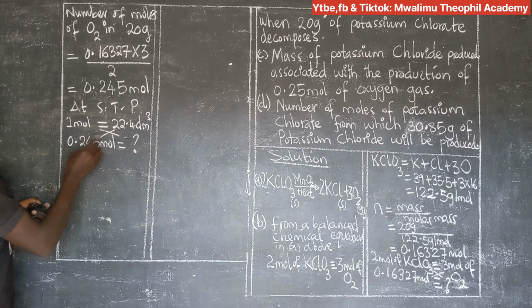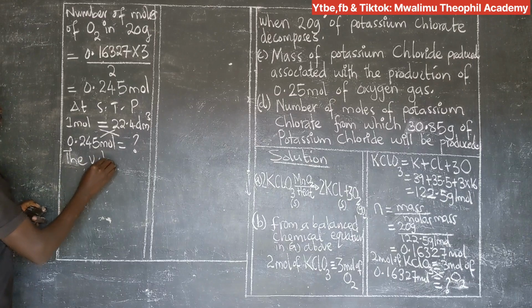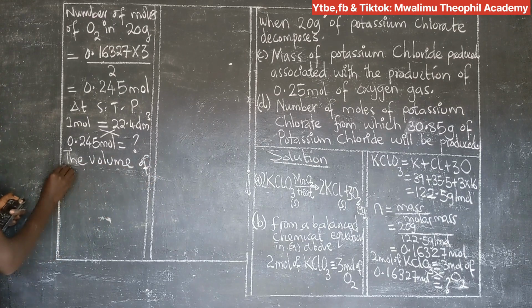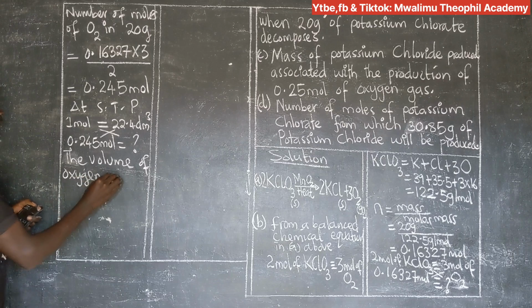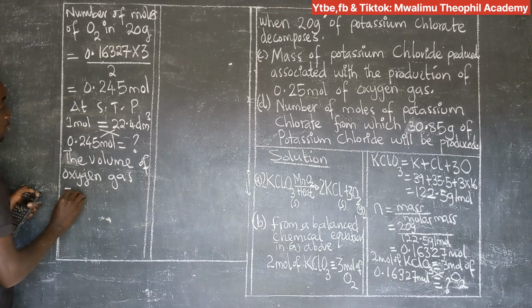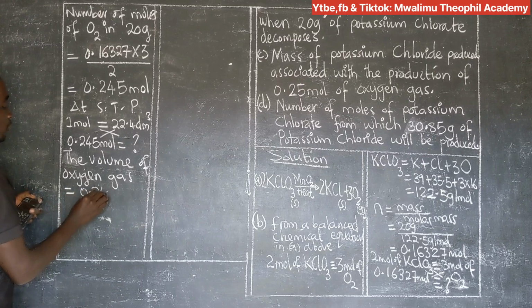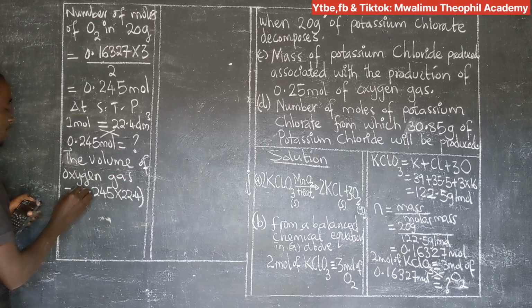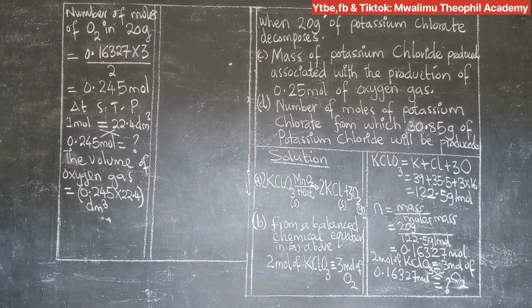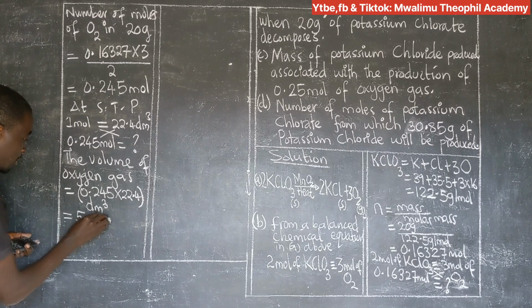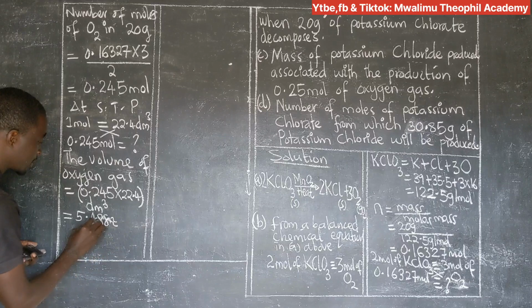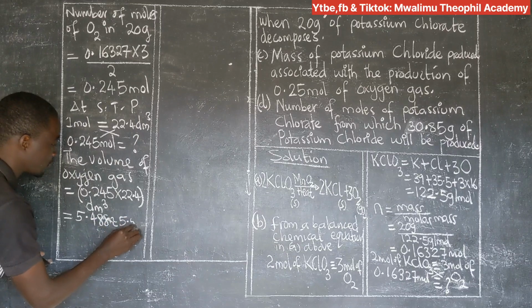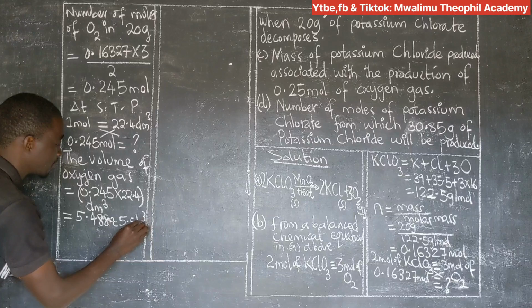Now the volume of oxygen gas will be equal to 0.245 times 22.4, but the answer should be in decimeter cubic. We get 5.488, which is approximately 5.5 decimeter cubic.